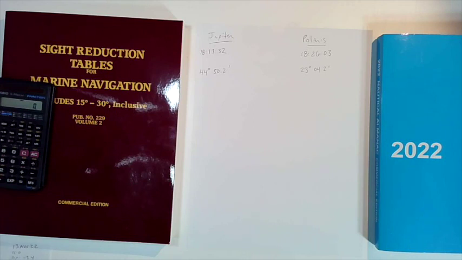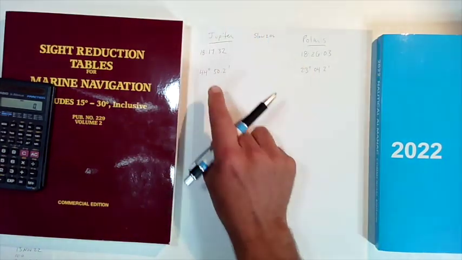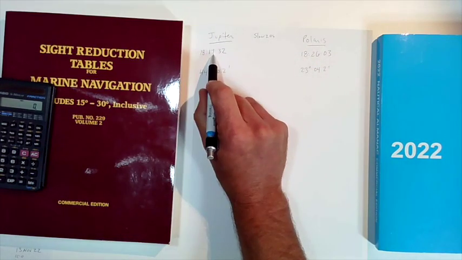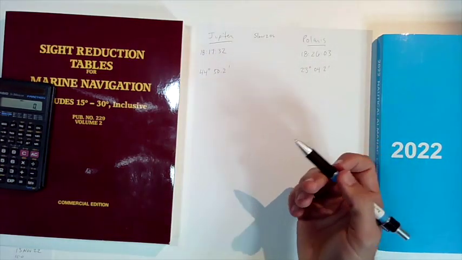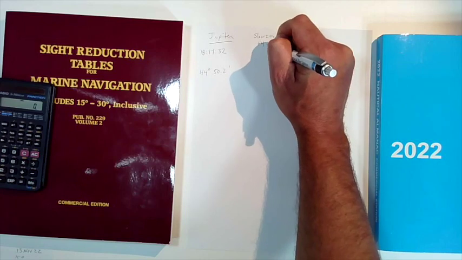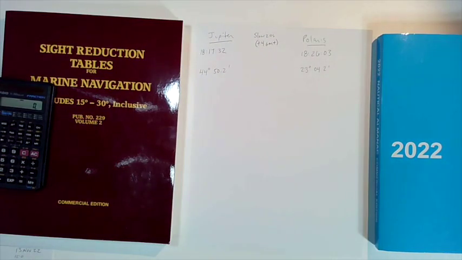First things first, there was some watch error. I was 20 seconds slow on my watch. So I need to adjust each of these. And so that's going to make this 18:17 and not 32, but 12. While I'm at it, we were observing a time zone of +4 from GMT, so we need to adjust the hours by 4 hours. We were west of GMT.